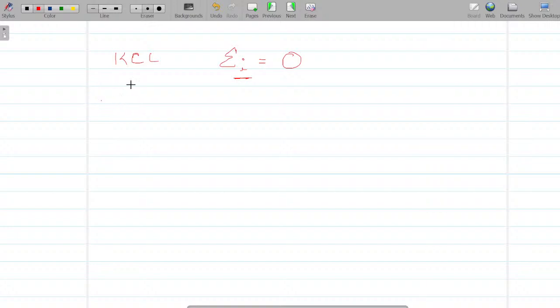So if I say net current at any point of time at a node would be equal to 0, can I say the total charge entering would be equal to total charge leaving.